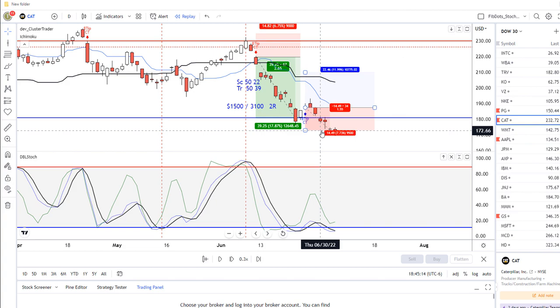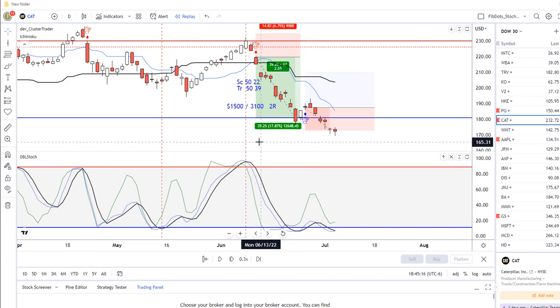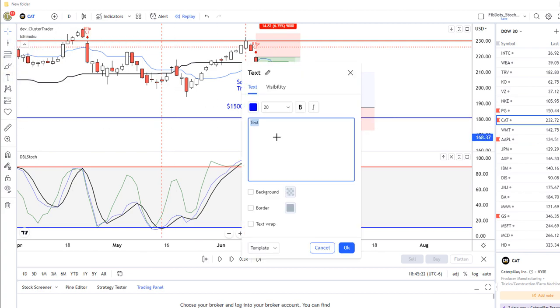We got stopped at 172, so let's call it a $15 loss. So we go 100 shares minus 15 bucks per share equals minus 1,500.